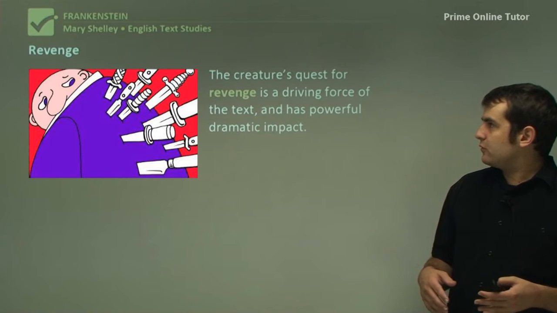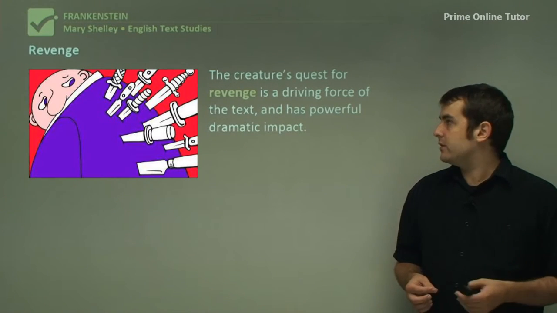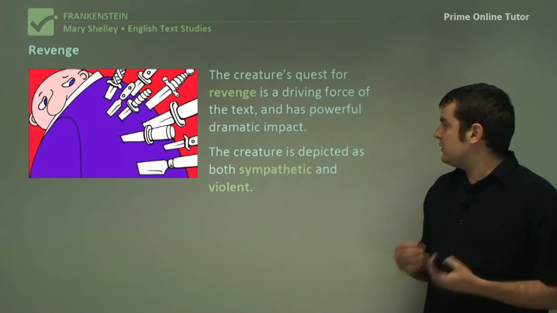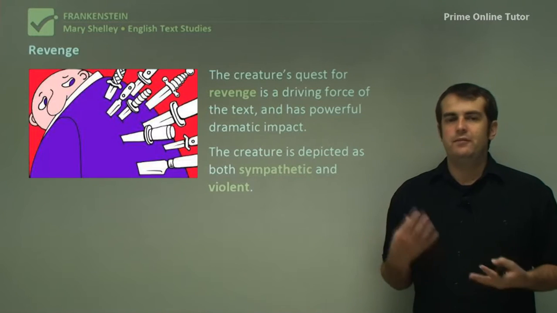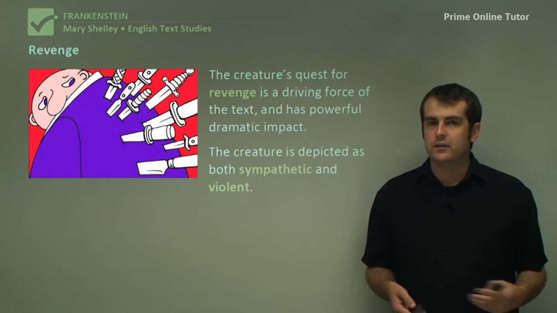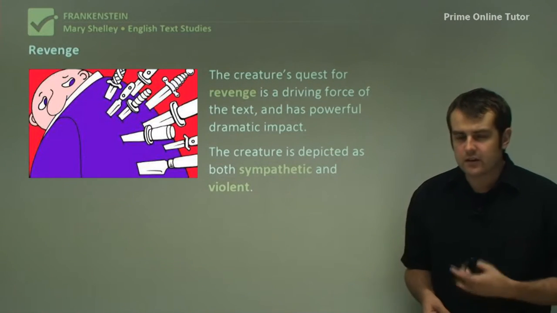The creature's quest for revenge is another very strong point, and this is one of the real dominant ones. It has a very powerful dramatic impact because we depict him as both sympathetic, and also very violent and very vicious, very calculated.